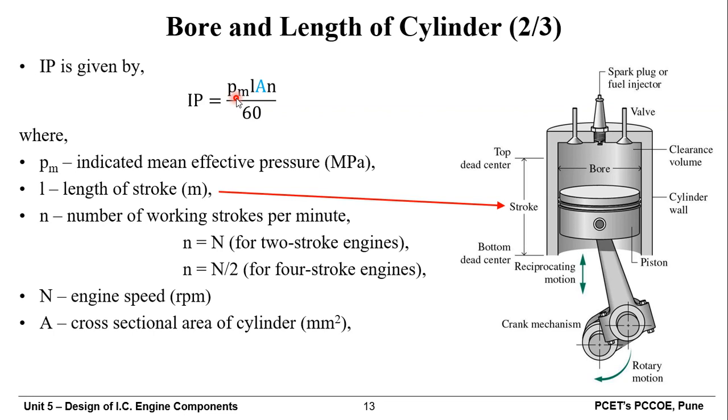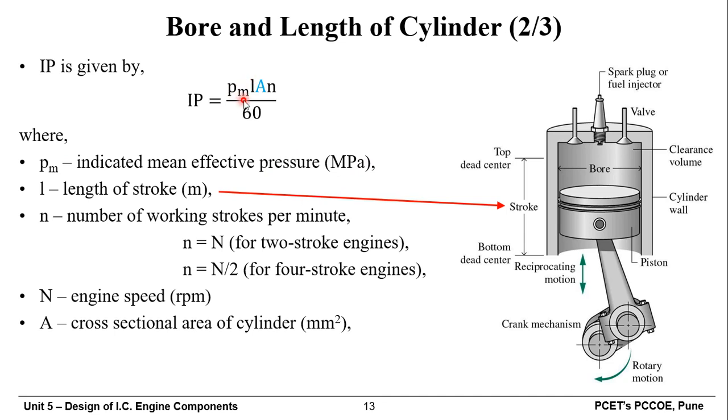So we know that during suction stroke, pressure is different, compression, combustion, and expansion. In all the strokes, the pressure varies over the time. So the mean value is estimated, and that value is called mean effective pressure or indicated mean effective pressure, which is expressed in megapascal, and is denoted by PM.